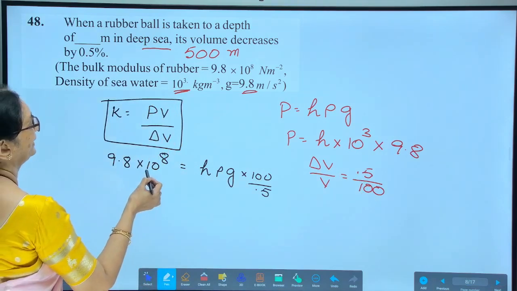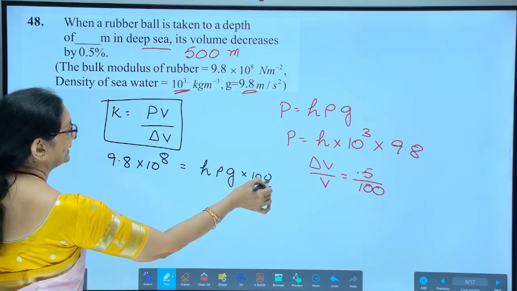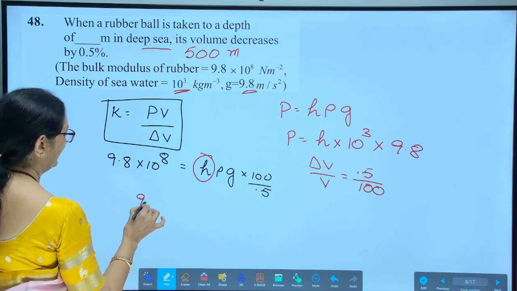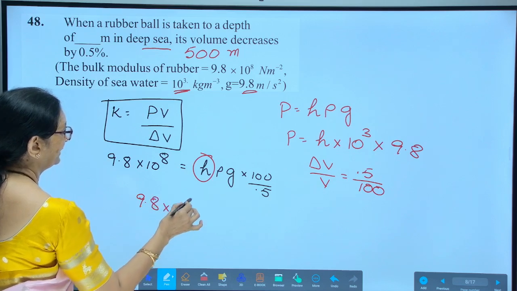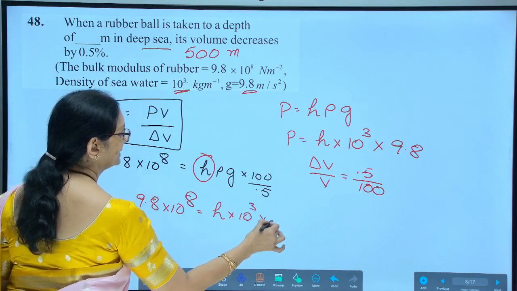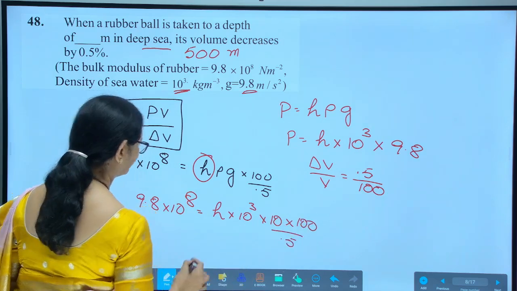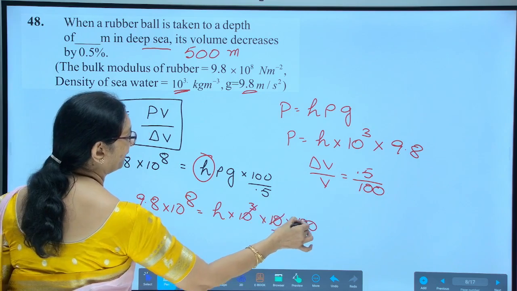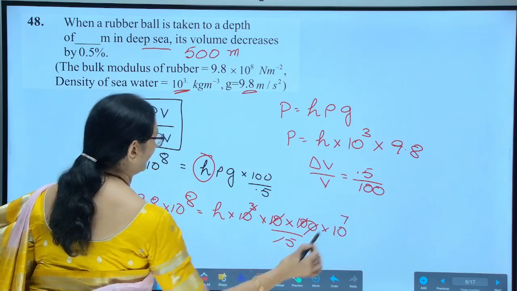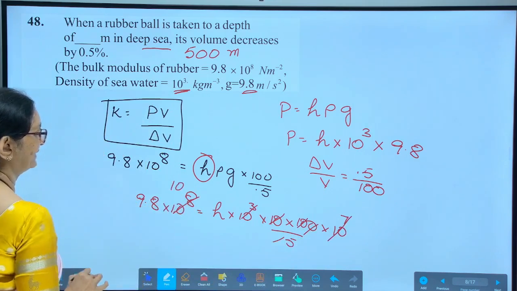K, 9.8 into 10 to the power of 8 is equal to H rho G into V by delta V. We want to find out H. So, 9.8 into 10 to the power of 8 is H, rho is 10 power 3, G is 10, 100 by 0.5. This goes to the numerator, it becomes 10 to the power of 7.